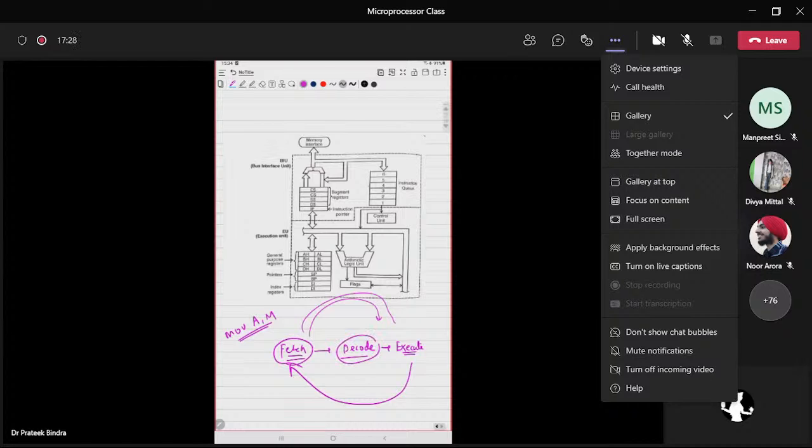It will decode it and then execute it, right? So that's how the complete program is executed by your 8086, right?